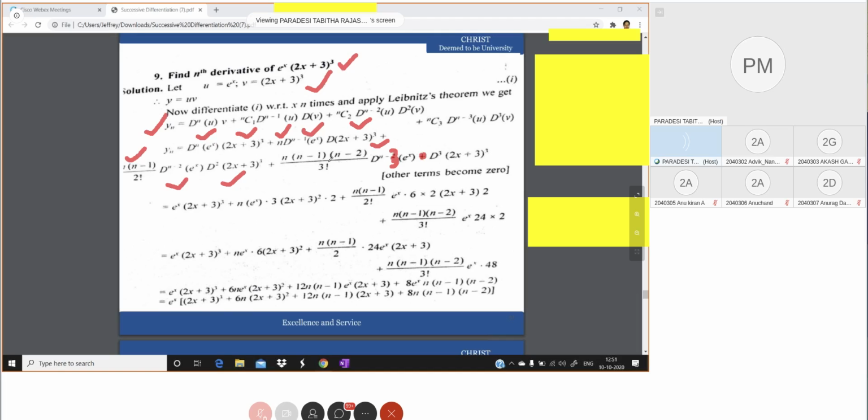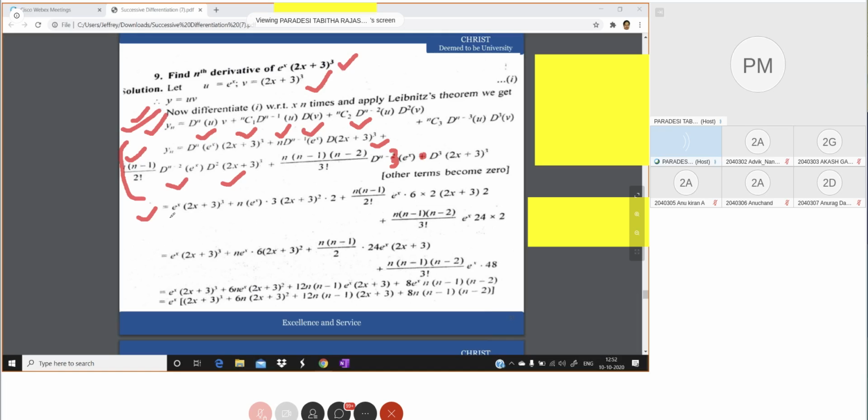If I were in your place, I would skip all this and straight away come from the formula to this term itself. No marks for writing this many steps there. Yeah, you have to state the Leibniz rule. Definitely marks will be there for stating the Leibniz rule. And then let's straight away apply. nC0 is 1.